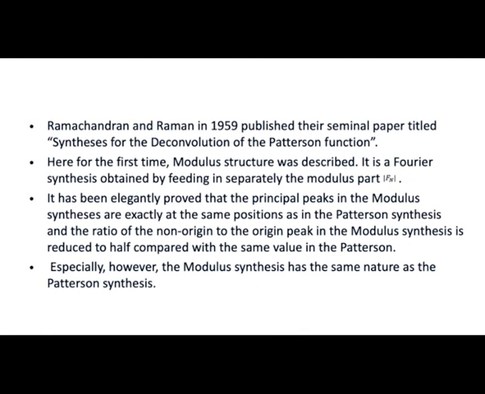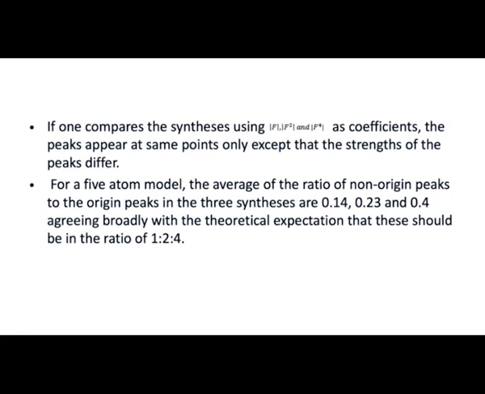For a 5-atom model, the average of the ratio of non-origin peaks to the origin peaks in the three syntheses are 0.14, 0.23 and 0.4, agreeing broadly with the theoretical expectation that these should be in the ratio 1:2:4.